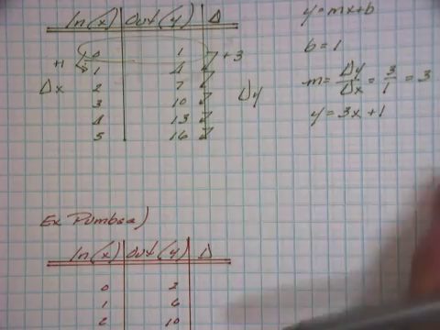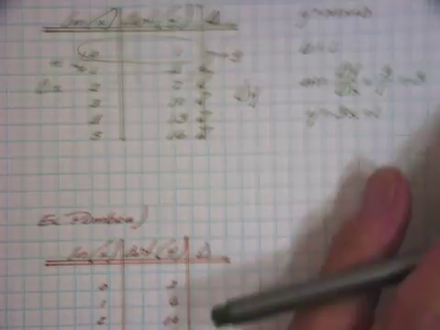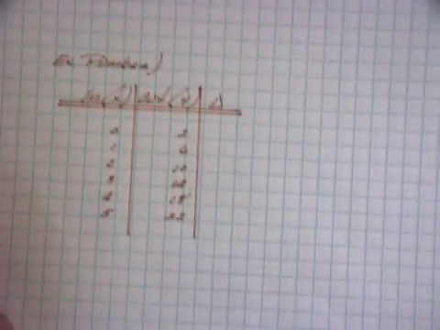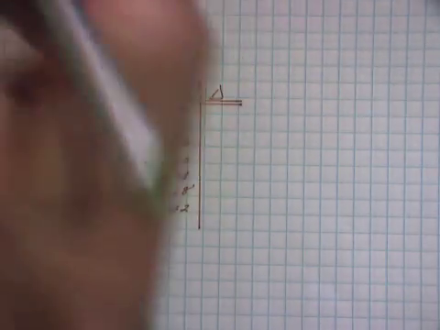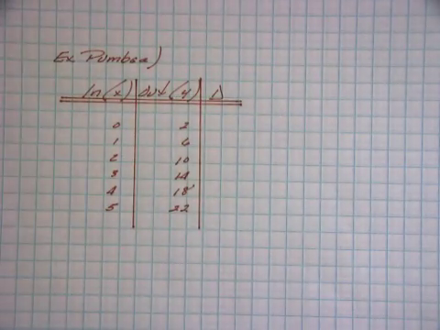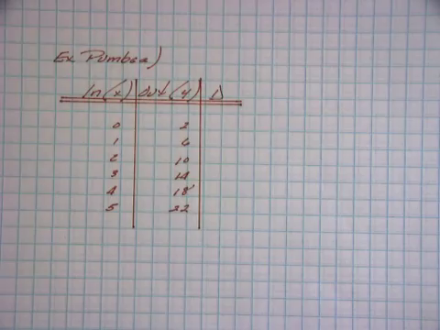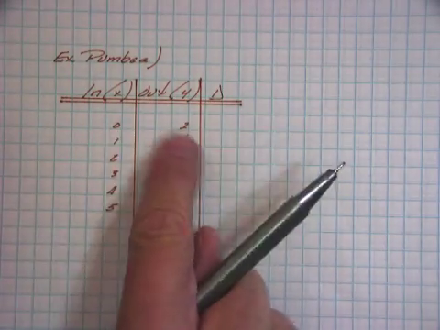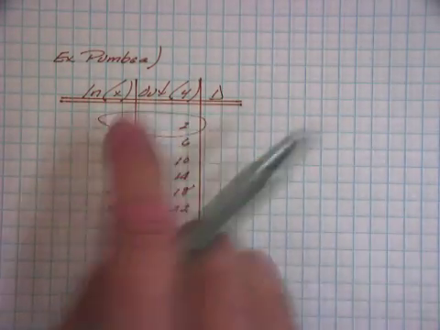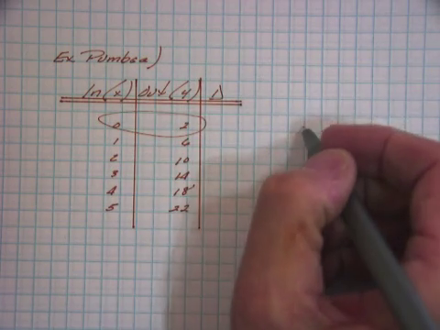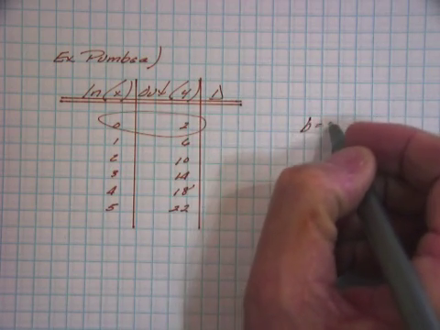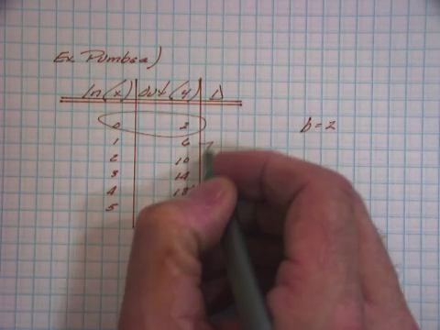All right, let's look at another one. So here's the next table. Same thing. We want to find our b value, our y-intercept, and it's right there. When x is 0, b is 2. So b equals 2.